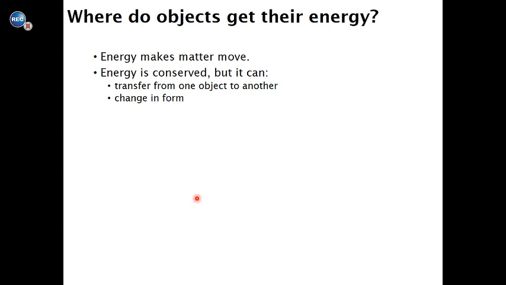It's available for you to use in some way. And we can account for it. And effectively, what we're finding is as long as we account for it all, then we can transfer it between objects. We can change the form of the energy, but it's always conserved.